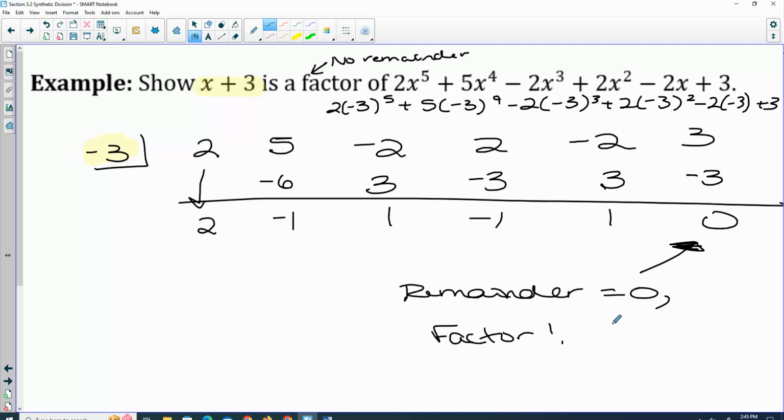What do you get out? 0. Is that what we got for our remainder?